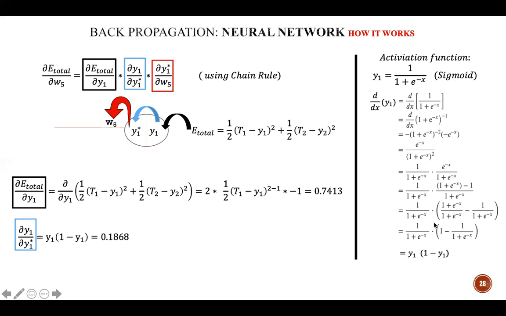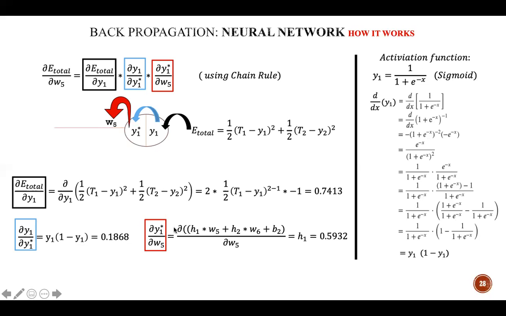I don't want to go through the details, but this is every step that you follow. And at the end, you get Y1 multiplied by 1 minus Y1. The value of Y1 is given, or we found it in the previous slide. So you substitute the number here, 1 minus the value of Y1, and you get this number.